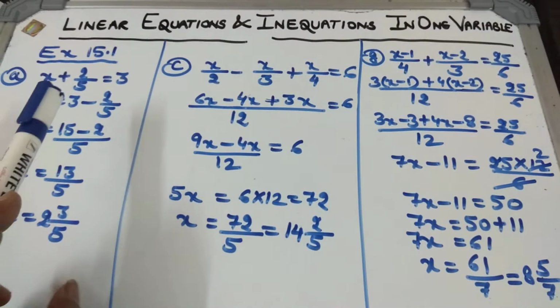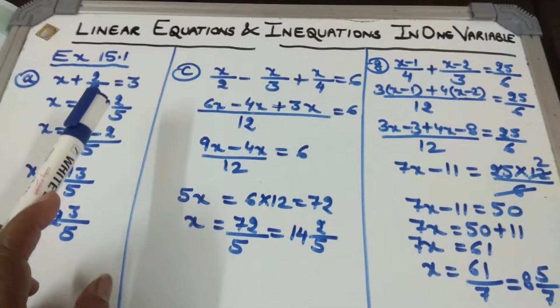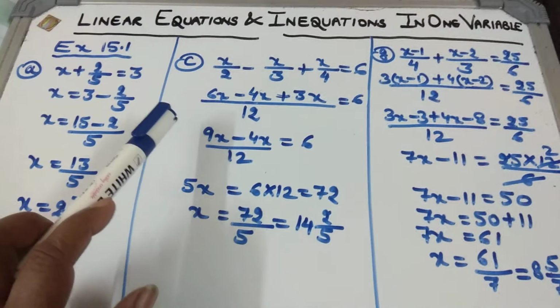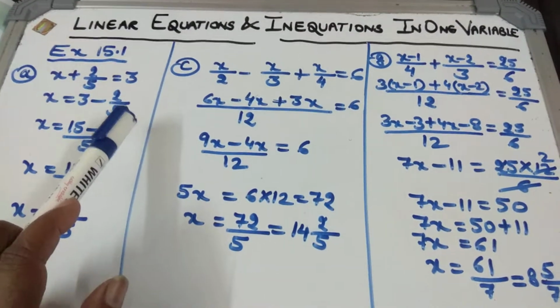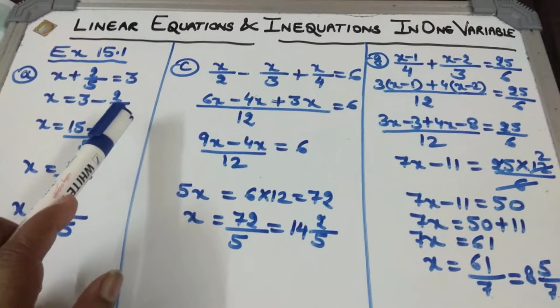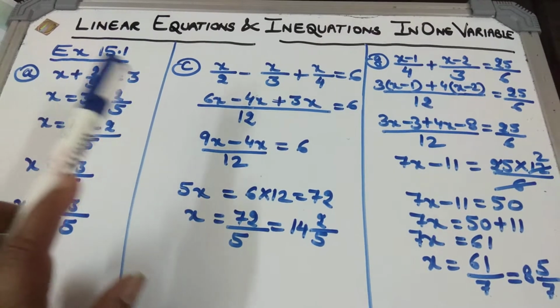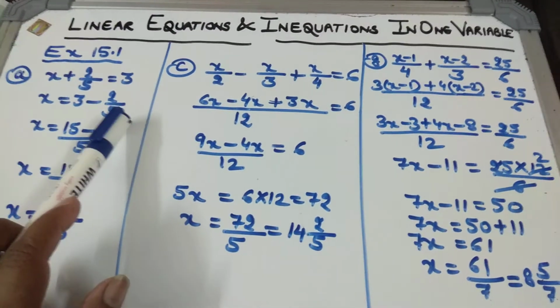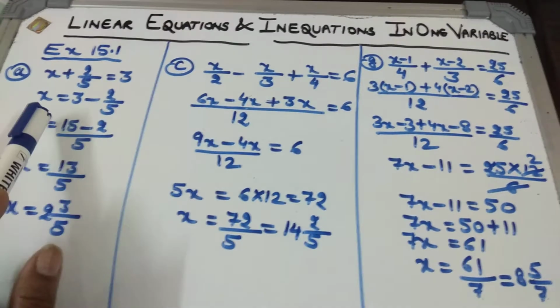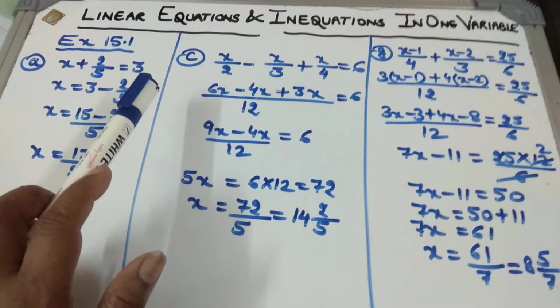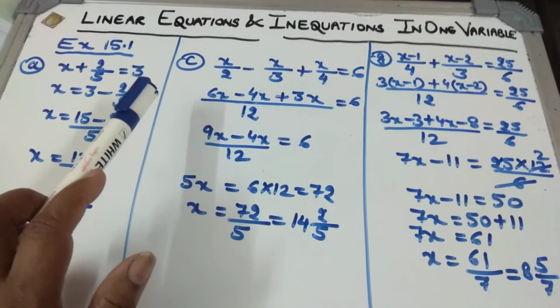When you are transposing this number, in a way you are taking this number to this side, which means plus becomes minus. Or in other words, if you write minus 2 by 5 on both sides, then also it is one and the same thing.